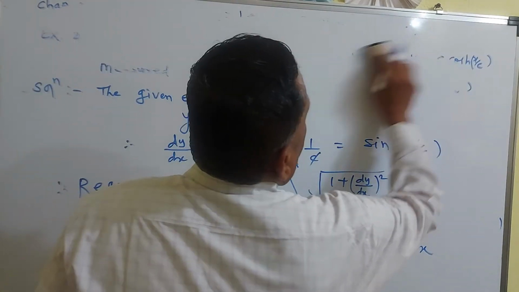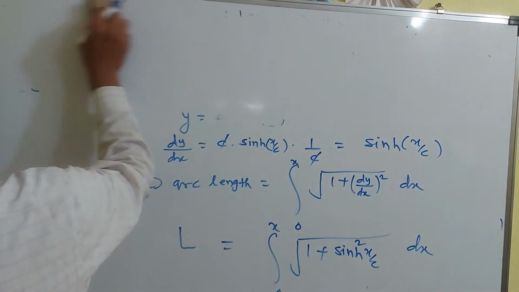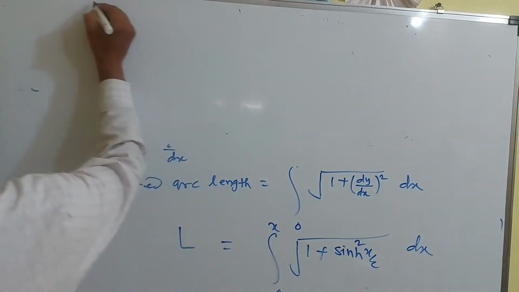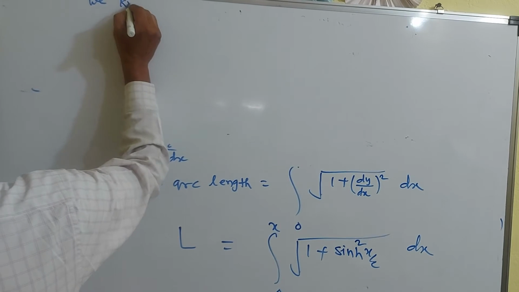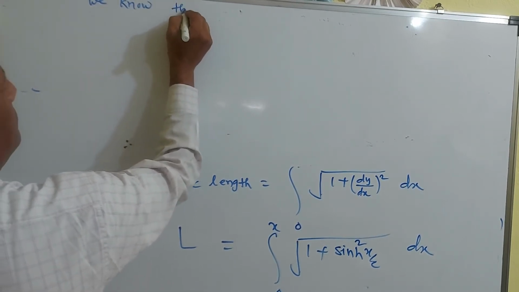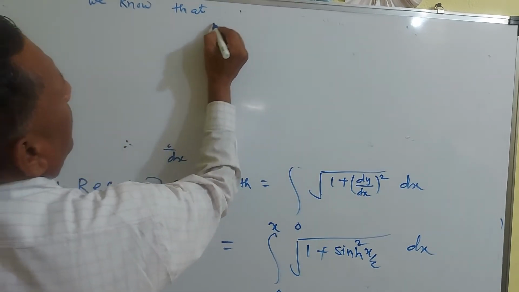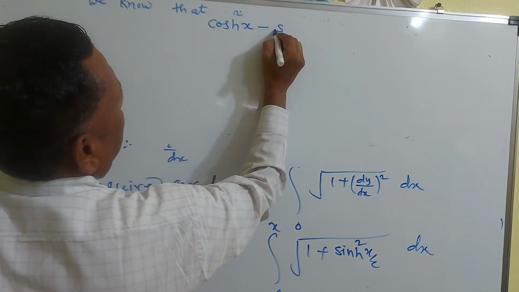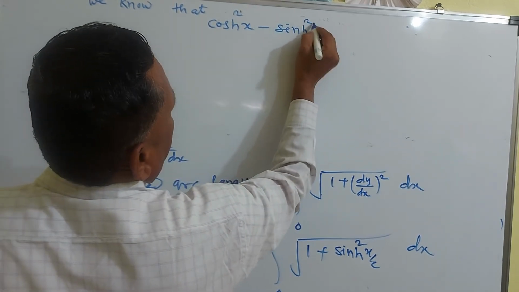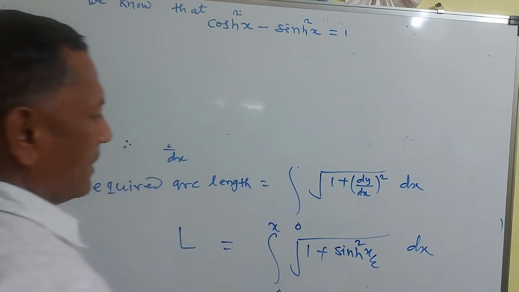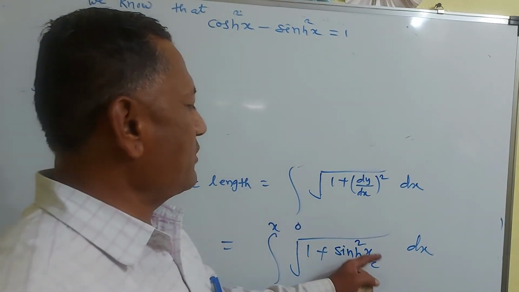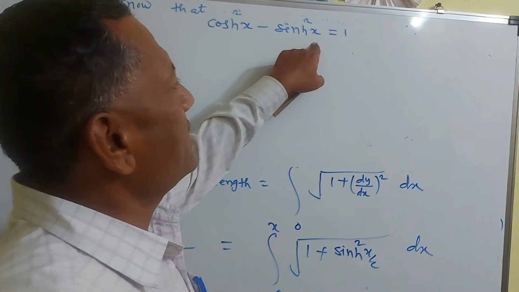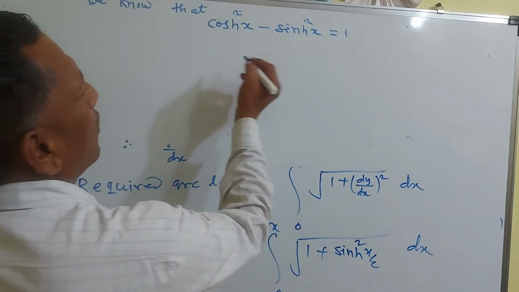Now you know that cos h square x minus sin h square x is equal to 1. Now here, cos h square of x upon c minus sin h square of x upon c is again 1.